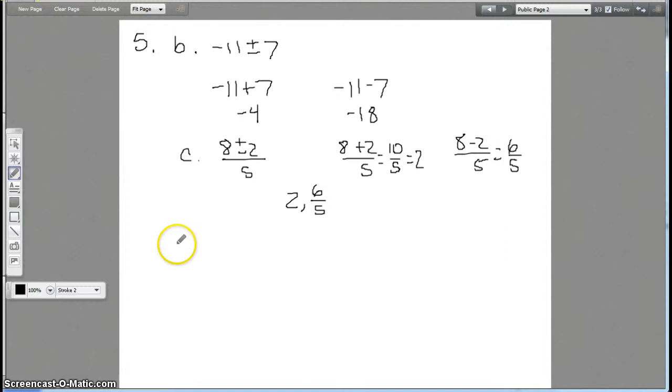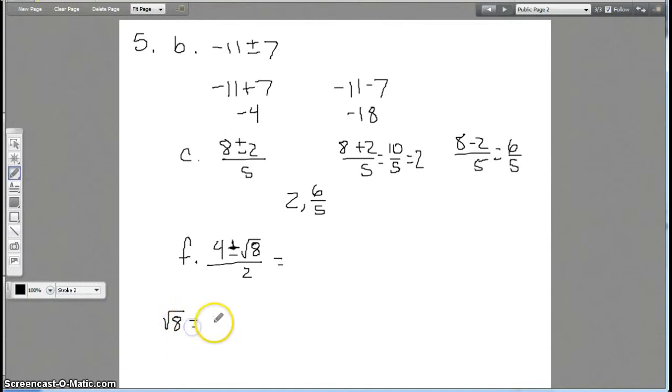Okay, then let's jump down and look at part F. Part F is 4 plus or minus the square root of 8 over 2. Well, the first thing we need to do is simplify this square root, because square root of 8 is not simplified. 8 has a square factor. So I'm going to come over to the edge here and work on square root 8.